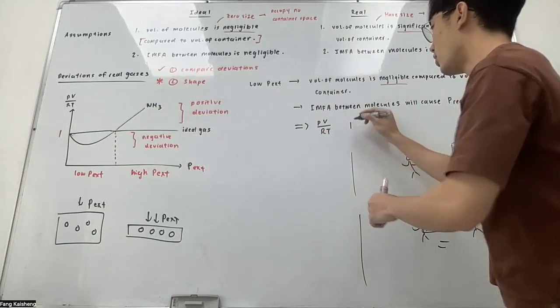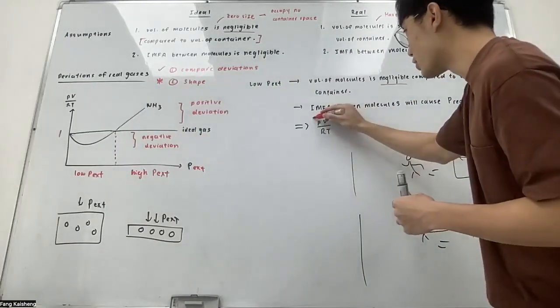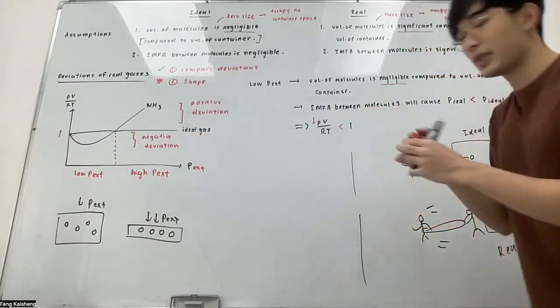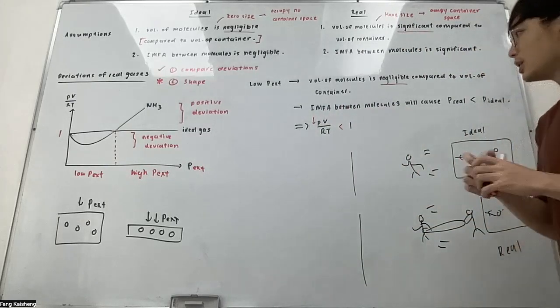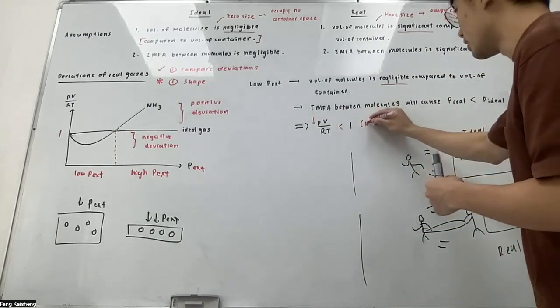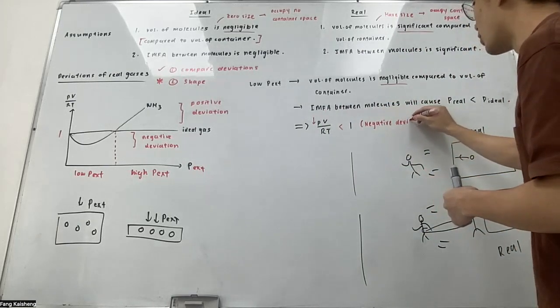Is it more than 1 or less than 1? If the pressure of a real gas is lower, it's less than 1. Can you see that? Is this positive or negative deviation? Negative. So I need you to write this down now. Negative deviation occurs because of intermolecular forces.